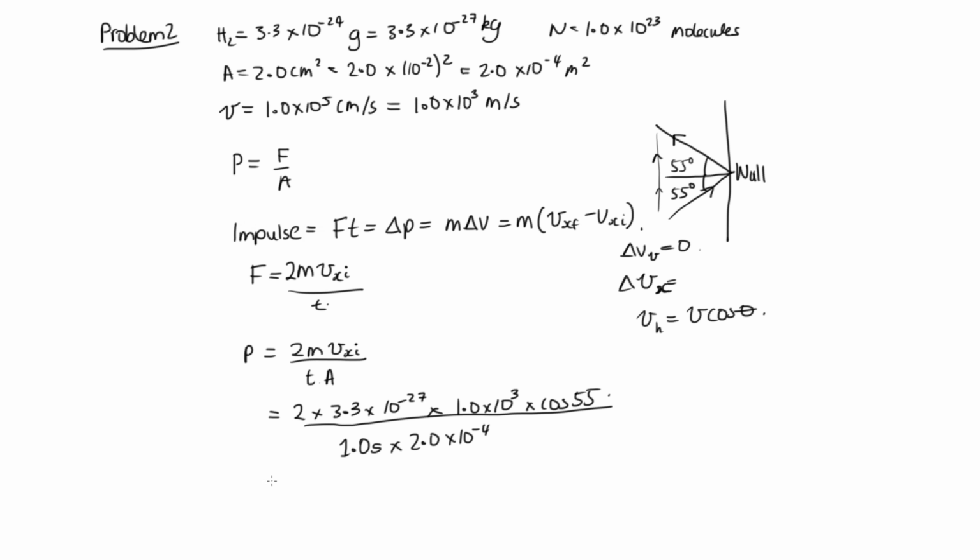So solving that on the calculator, we end up with 1.893 times 10 to the minus 20, and that is per molecule.